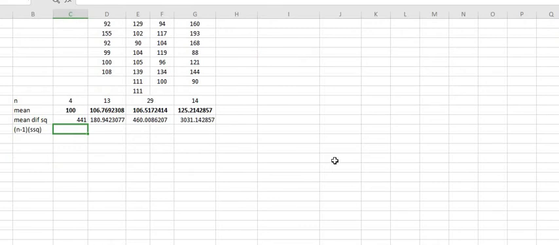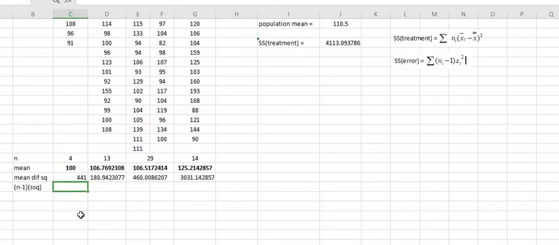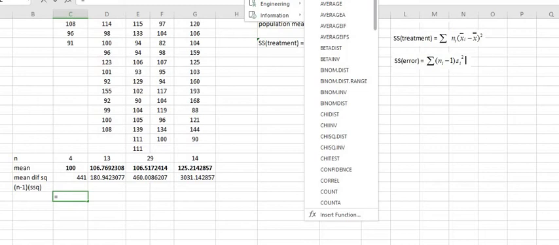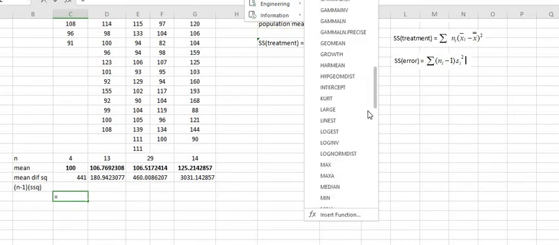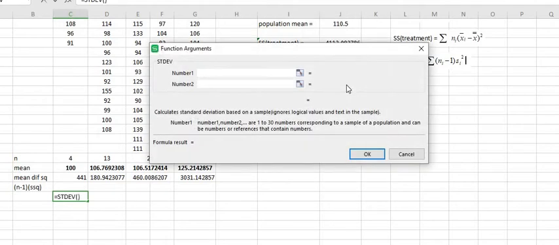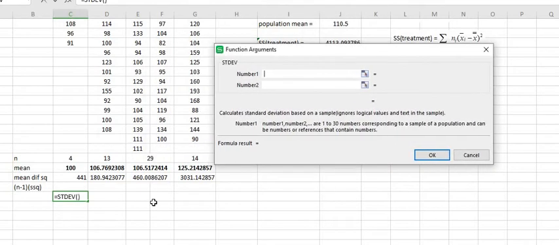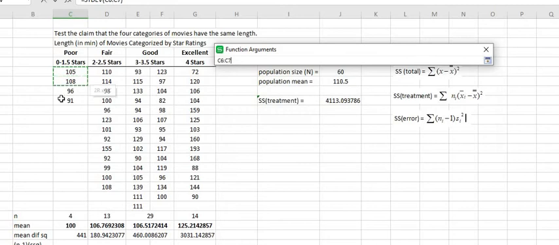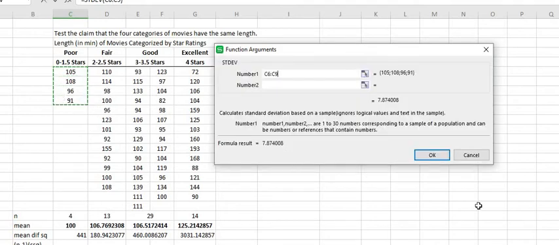So, standard deviation equals the standard deviation formula. We need to find first our standard deviation. For numbers, we have here. Okay, that is 7.87. So, okay na po siya.